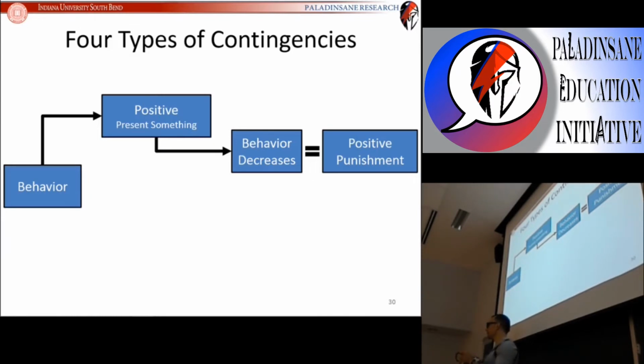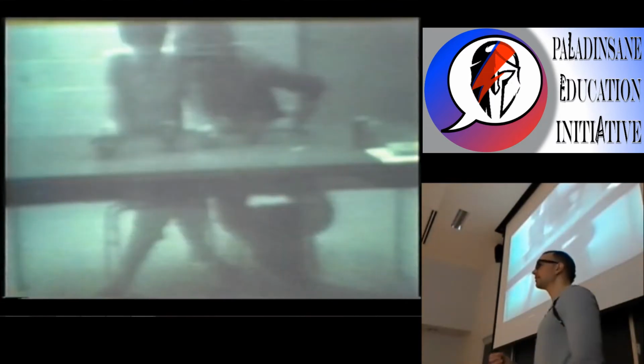The staring. And what was an example of positive punishment? Shoving his face in there was presenting something, so that changed the behavior and decreased it. Exactly. So when Dr. Fox put his face into Harry's face, that part where Dr. Fox was saying, if you get into my face, I'm going to get into your face. Well, that was a consequence of Harry trying to intimidate Dr. Fox.